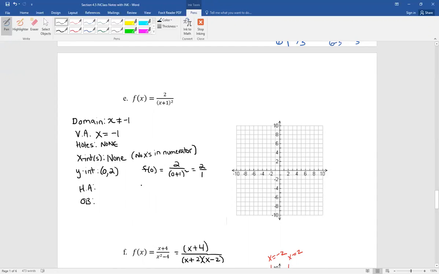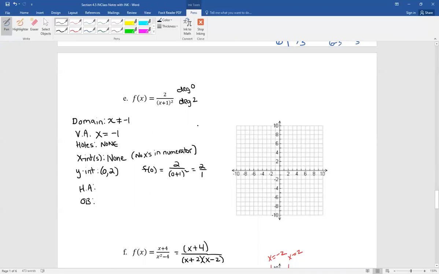And then remember to determine your horizontal versus oblique, because you cannot have both. You're really comparing the degree of the top, your numerator, to the degree of your denominator. So there's no x on top, so the degree of the top is 0. Now on the bottom, you might say the degree is 1 if you look at the x, but if this was FOILed out, this would be x squared plus 2x plus 1. So the degree of this one is actually 2.